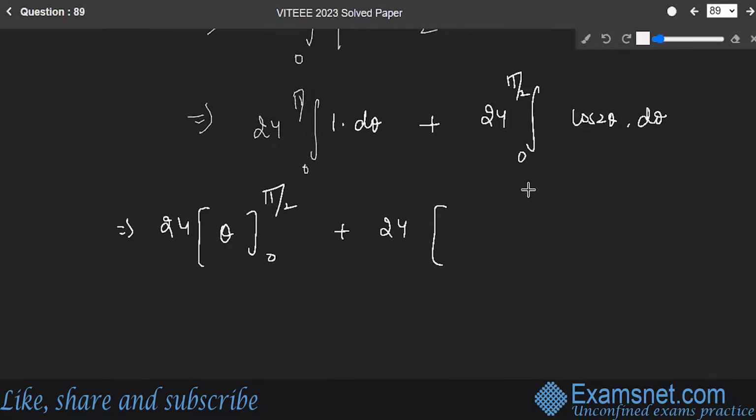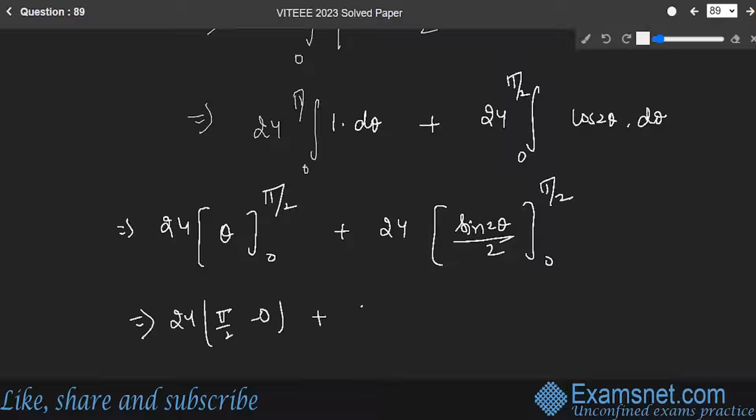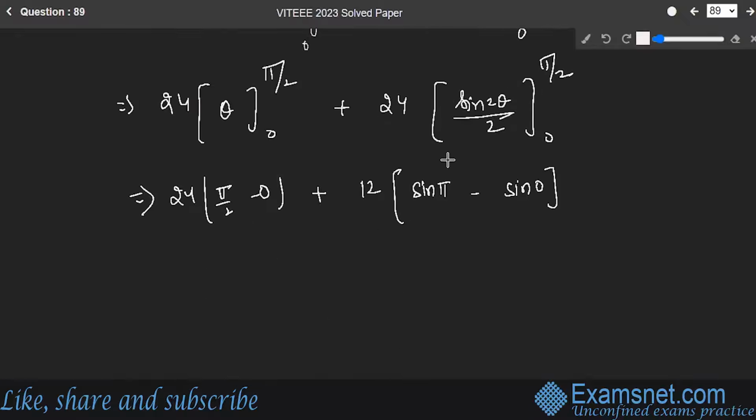So 1 plus cos 2 theta upon 2, the integral will be sine 2 theta upon 2. The limits are 0 to pi by 2. So this gives me 24 pi by 2 minus 0 plus 12 into sine pi minus sine 0. That is 0 and 0.